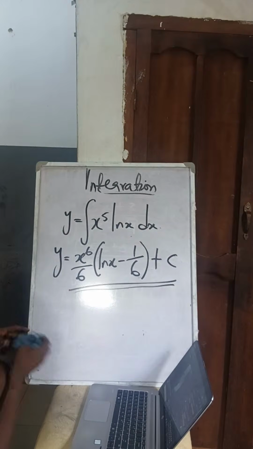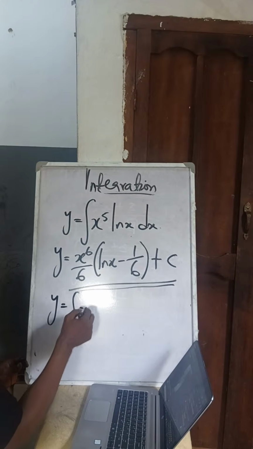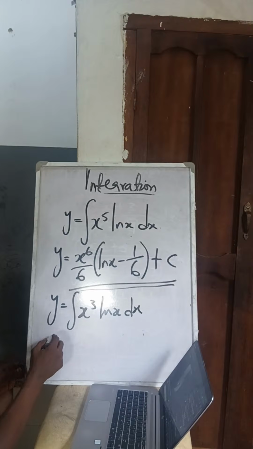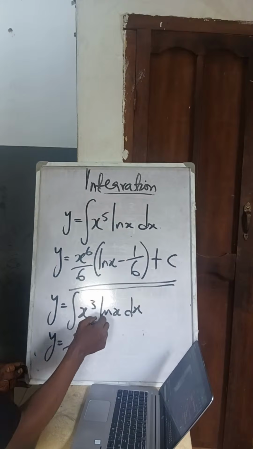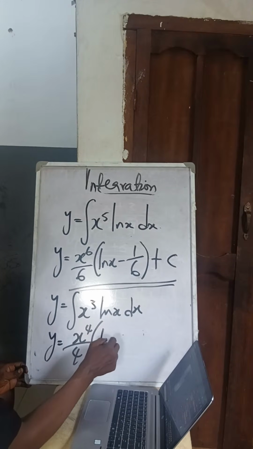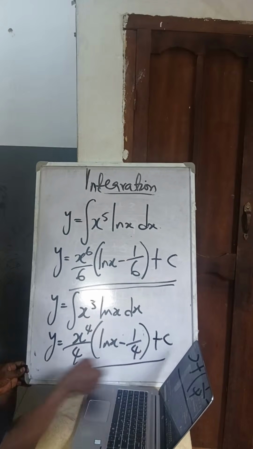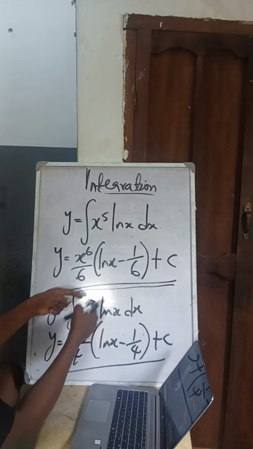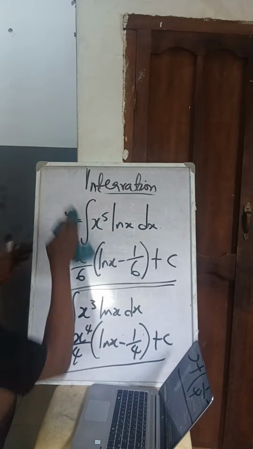Let's say if you have something like this, x3 in x dx, your answer is x4 over 4, in x minus 1 all over 4 plus c. That is the answer. Just remember, you're going to integrate x3 to get x4. Integrate x5 to get x6.